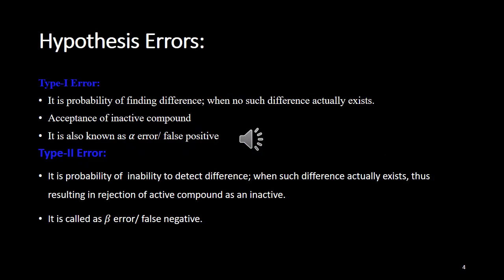And in testing hypothesis we commit two types of errors, type 1 error or type 2 error. In type 1 error we reject a null hypothesis when it is true, and in type 2 error we accept a null hypothesis when it is false. So type 1 error is represented by alpha, false positive, and type 2 error is represented by beta, false negative.